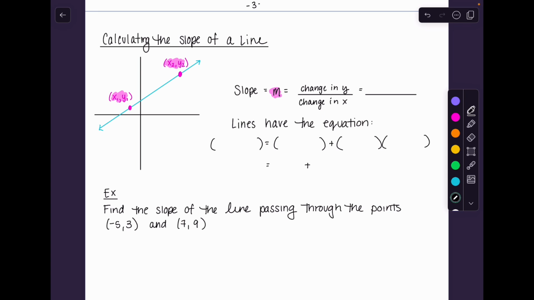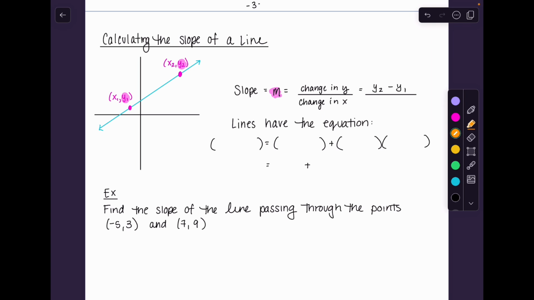The key is, though, you have to be consistent. So looking at my particular picture, I'm going to take one y value and subtract the other. So we're going to do y2 minus y1. Okay? And I just need to be consistent because I picked y2 first for the y's.